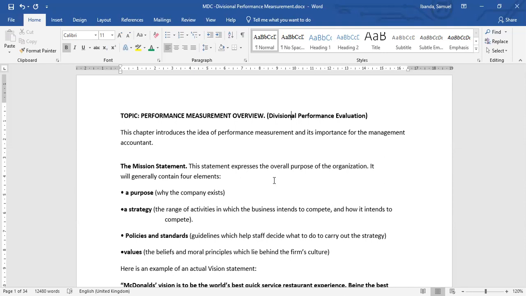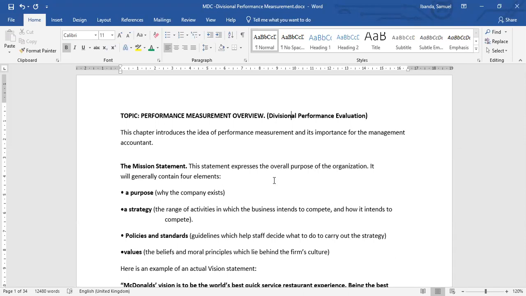So based on the definition here, the mission statement expresses your overall purpose as an organization. It includes purpose, why you exist as a company. It goes ahead to look at the strategy, in terms of the range of activities which you intend to complete and how you intend to compete as well, okay, your strategy.